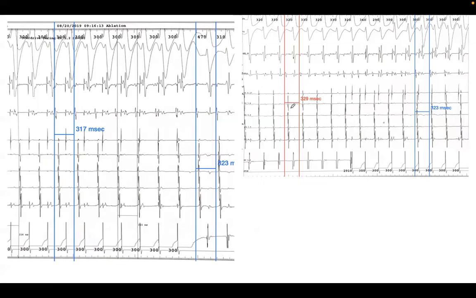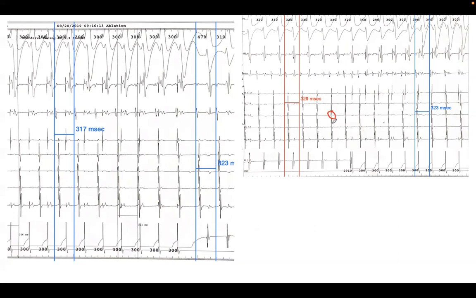So the CS activation is proximal to distal, right? I mean 9, 10, 7, 8 to distal. And I don't remember how the CS catheter was positioned. Actually, sorry, not proximal to distal. The earliest A is 5, 6. You agree, guys? This is the earliest A. 5, 6 is earliest, then 7, 8, almost, then 3, 4.